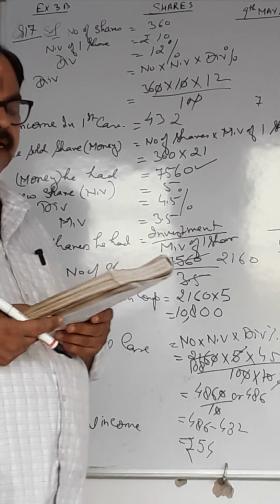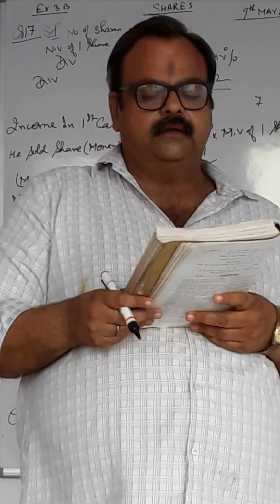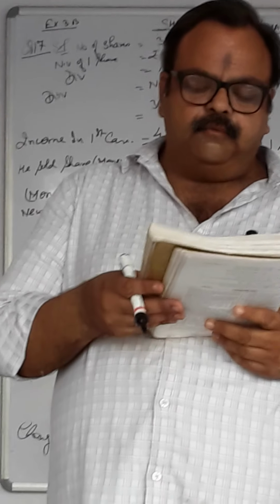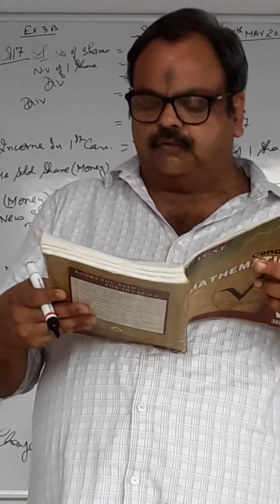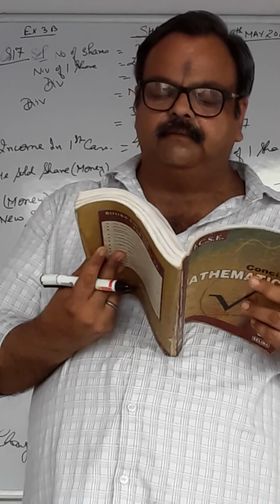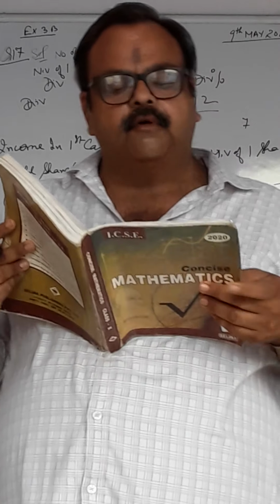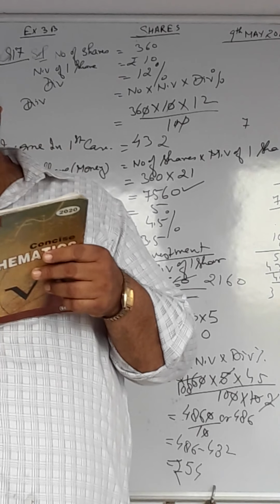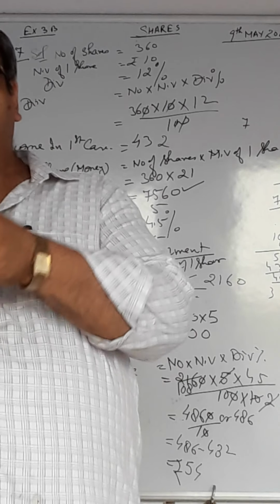Now come to exercise 3C. If you got any problem, it is left, I'll do it. You ask me, I do it. It is an important exercise, with more questions given. From this exercise, we will revise both the two exercises. Come to question number 9.